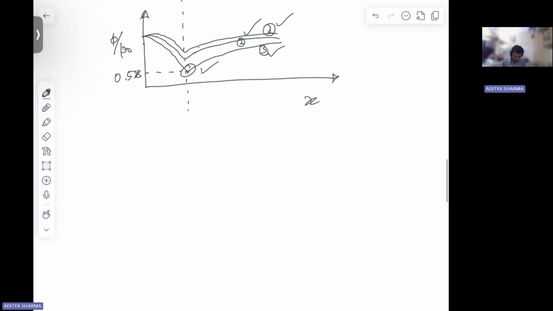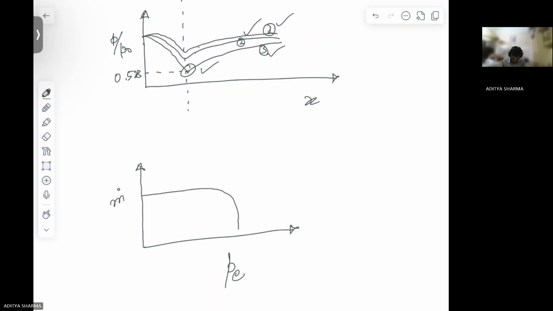Then you have one diagram that is of your mass flow rate and your exit pressure. Okay, and it looks something like this. So this is your choked flow.